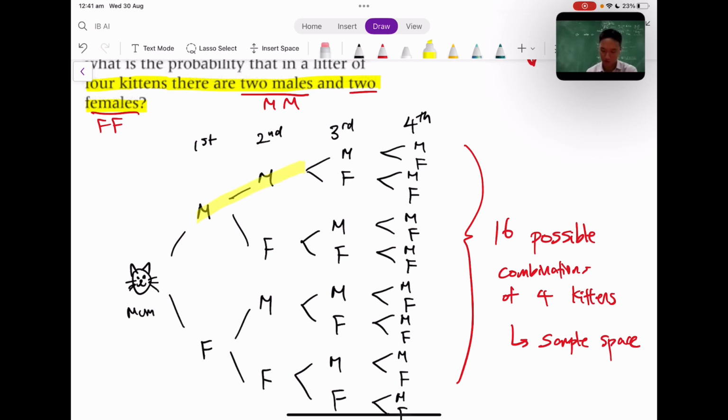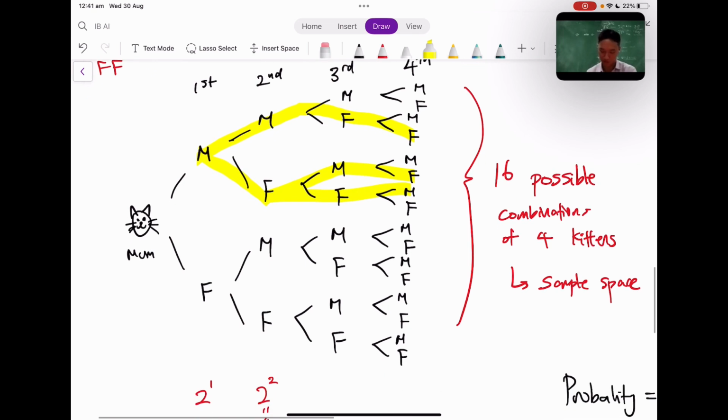First one is male, male, then female, female. The next one could be male, female, male, female, or male, female, female, male. If the mom cat had a female child at the beginning, it could have male, then down to female, because we need 2 males and 2 females. It could also be like that, female, male, male, female.